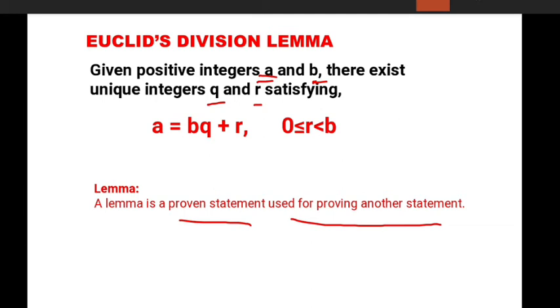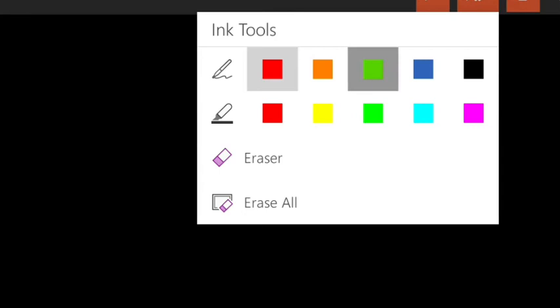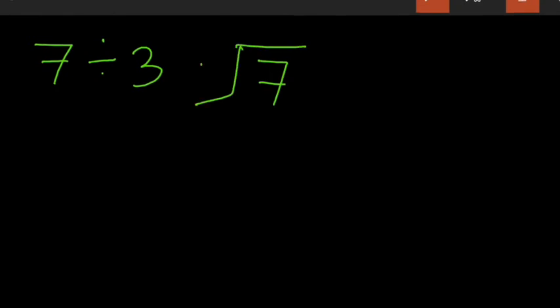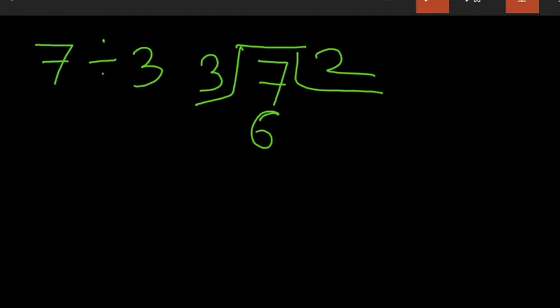I will show you a very interesting example to understand this. If you divide 7 by 3, what happens? 3 twos are 6.